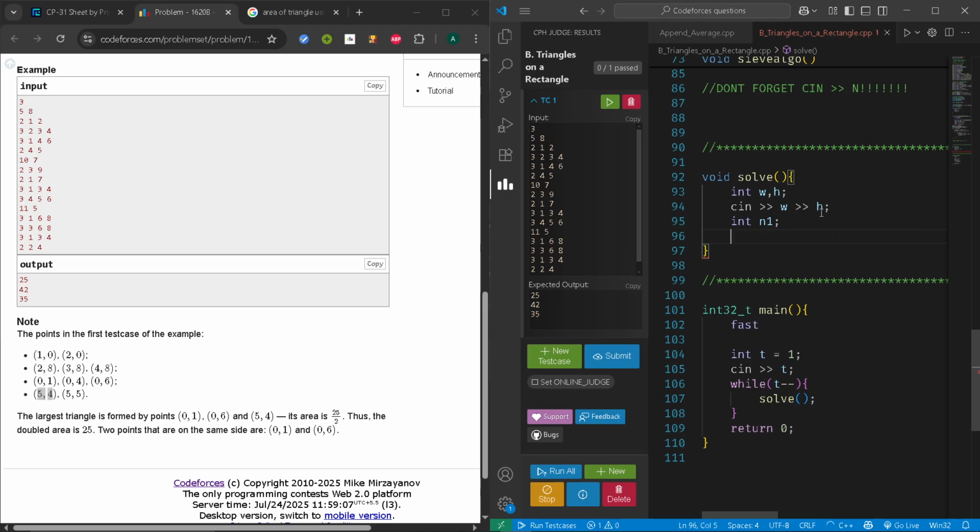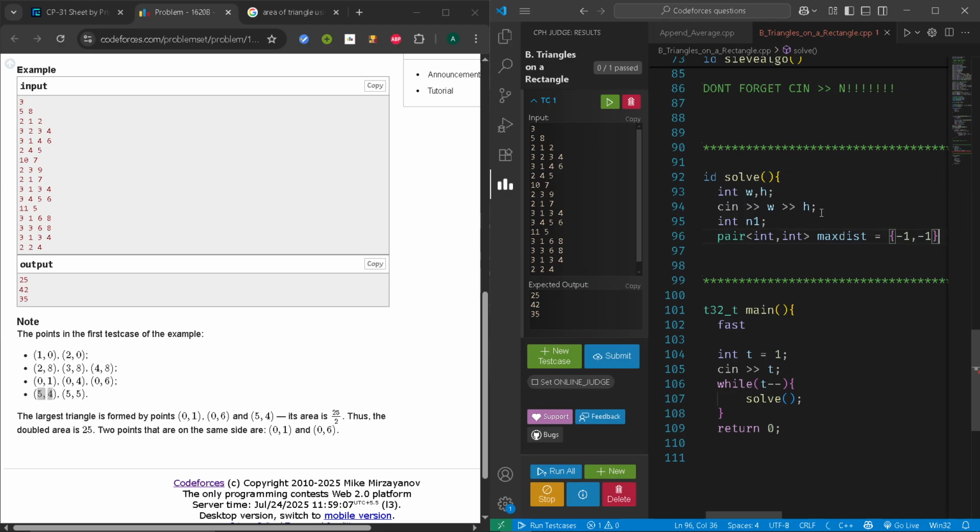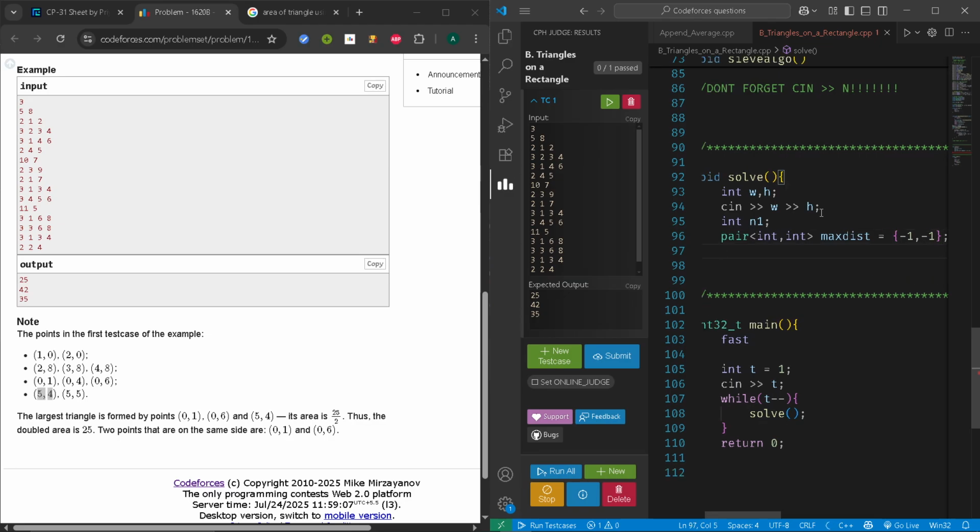That's the integer of first value will contain the distance, and second value will contain whichever side it is.